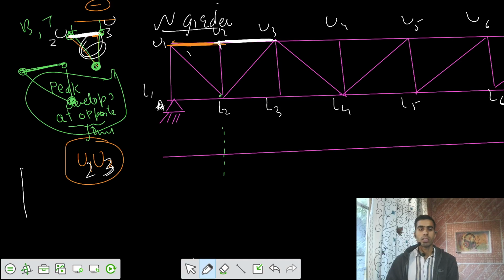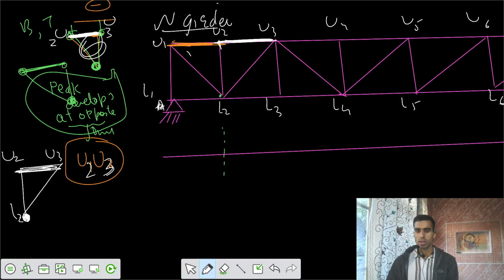U2, U3 has the triangle of U2, U3 and L2. So this is the triangle. I would say the peak would develop at L2. Would that be true? Is this the variation of the triangle?